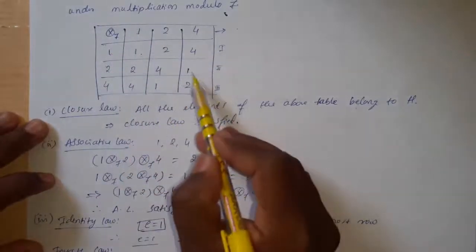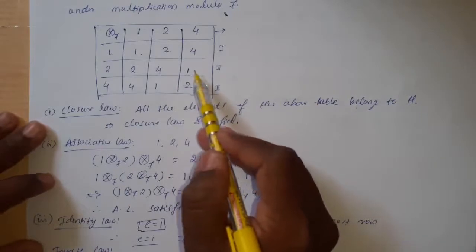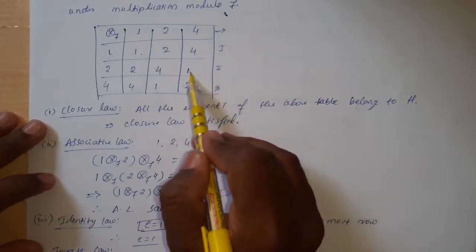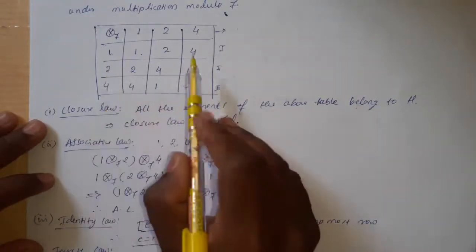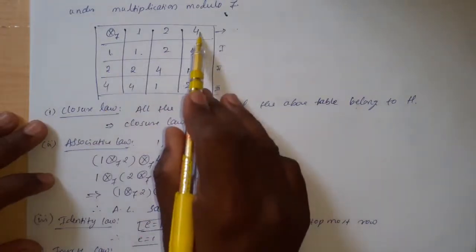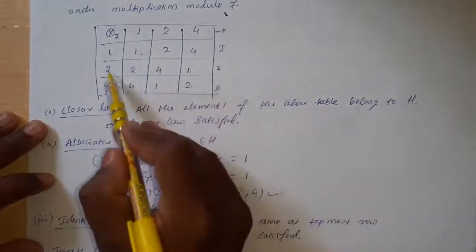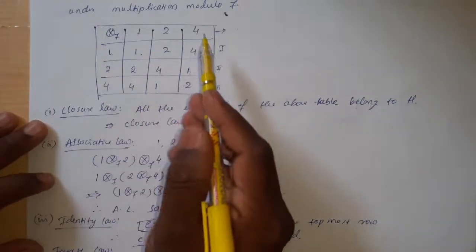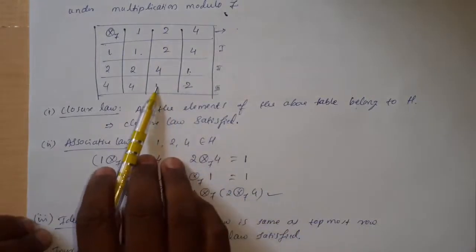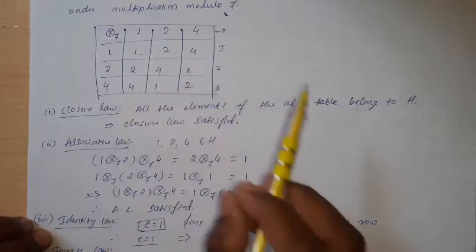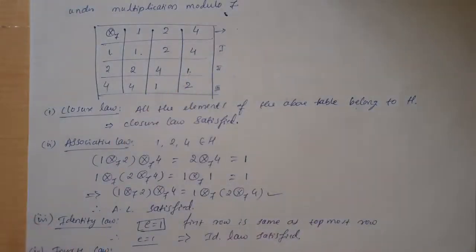And similarly in the second row, 1 is located here, the corresponding element of this element is 2 in the row and 4 in the column. So therefore we can say that inverse of 2 is 4 or inverse of 4 is 2. And here in the third row the corresponding element is 4 and its inverse is 2, right. So therefore, if each and every element has an inverse, then we can say that inverse law is satisfied.